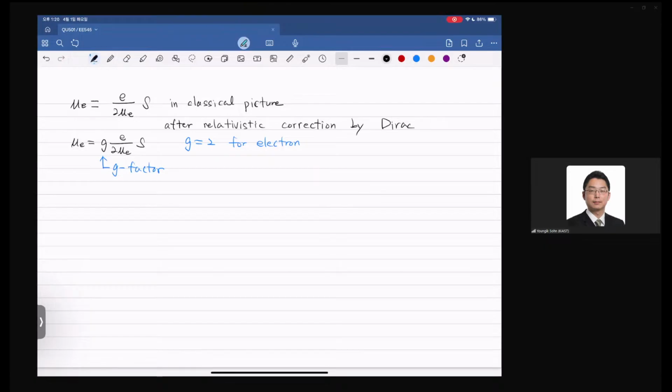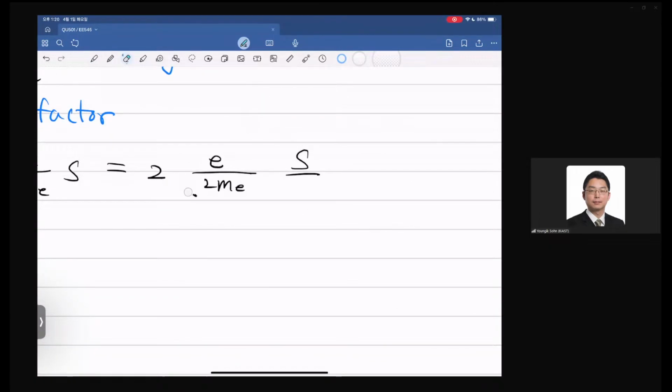And then mu_e is roughly 2, so I'm just using 2. I want to rearrange our equation in the following way.